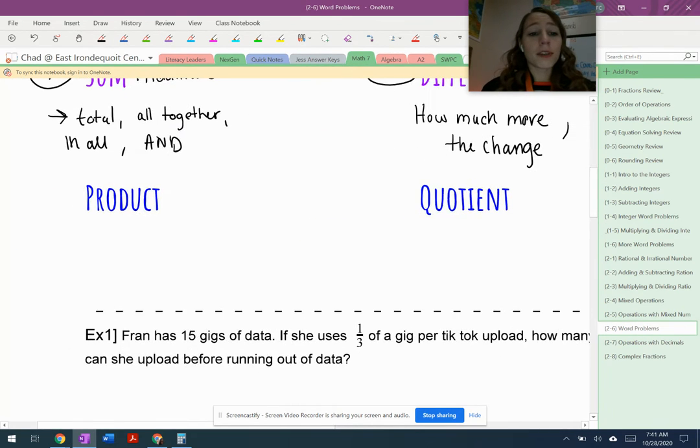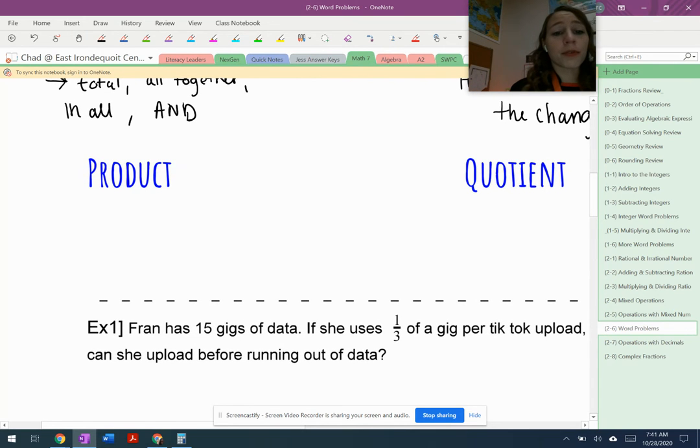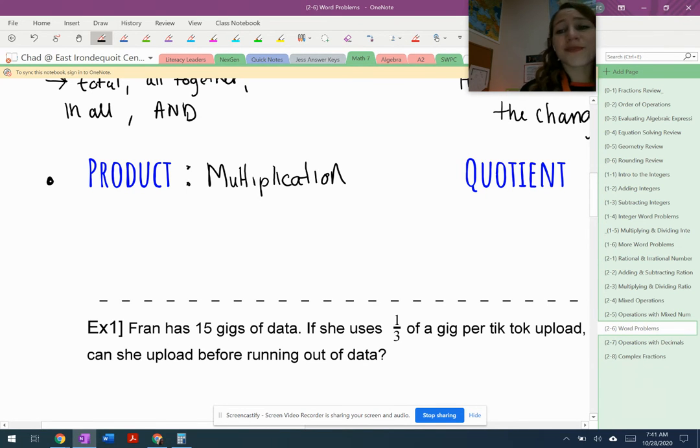All right, moving on to product then. Product is your multiplication. Remember, we're no longer using the X to represent multiplication. We're either using the dot or we're using parentheses to represent products or multiplication.